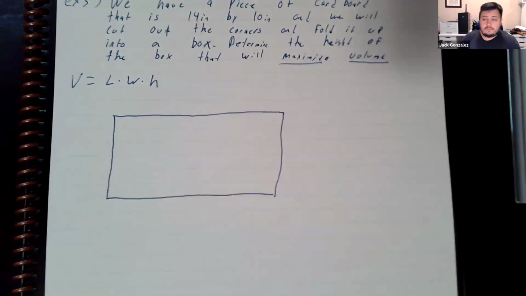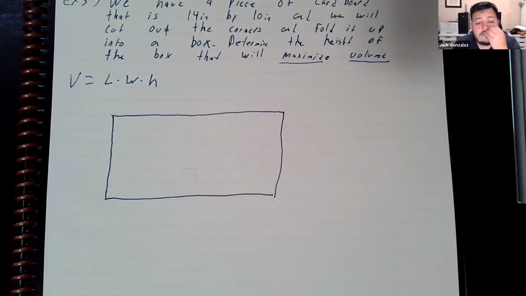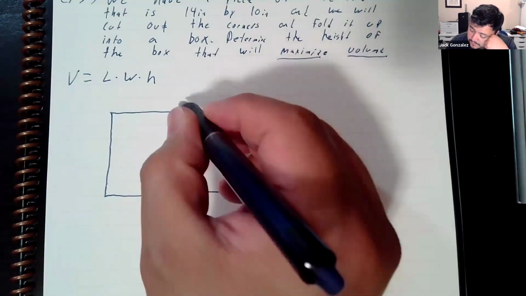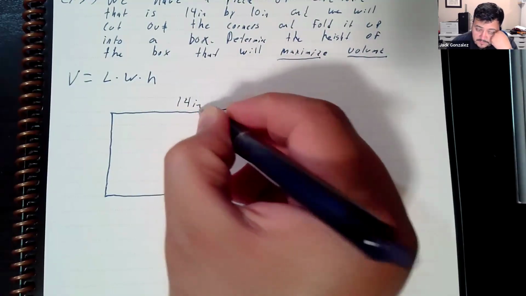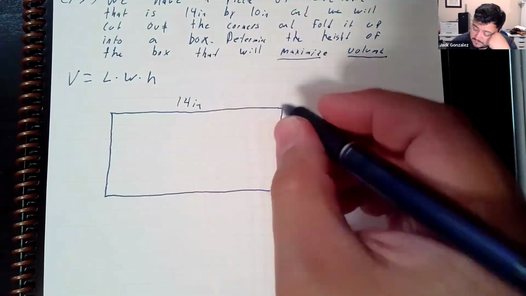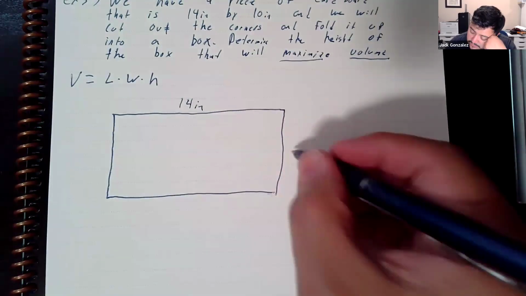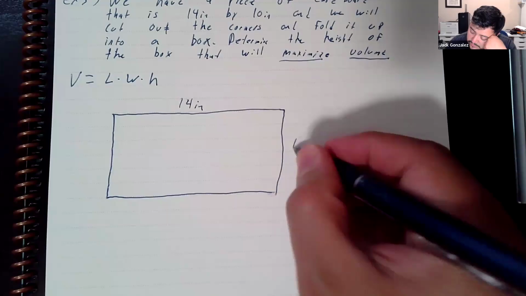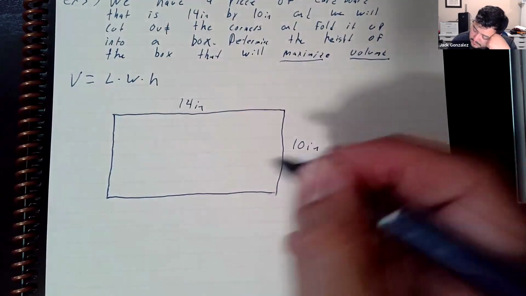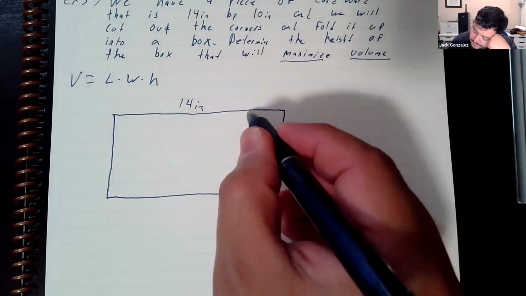But it's a general four-sided shape. General rectangle that I'm gonna fold. Now I said it's 14 inches by 10 inches, so 14 inches, 10 inches. I'm gonna cut these corners out, right?